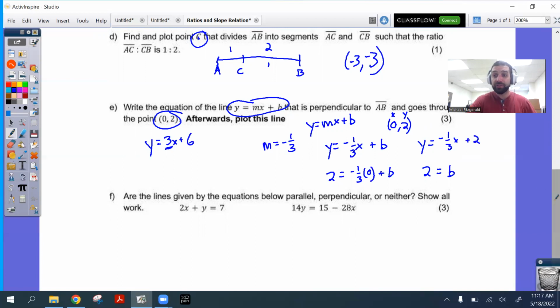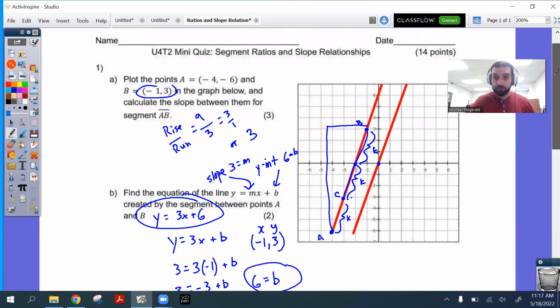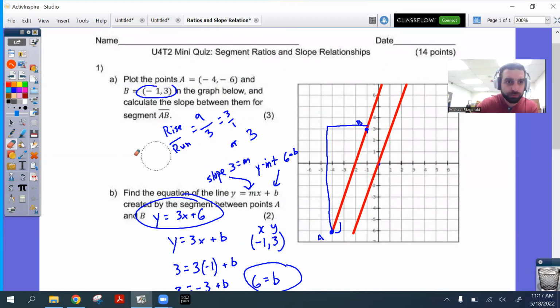And let's graph that. It's going to go through this point here. Let me erase these K's. It goes through this point here, and it has a slope of negative 1/3.